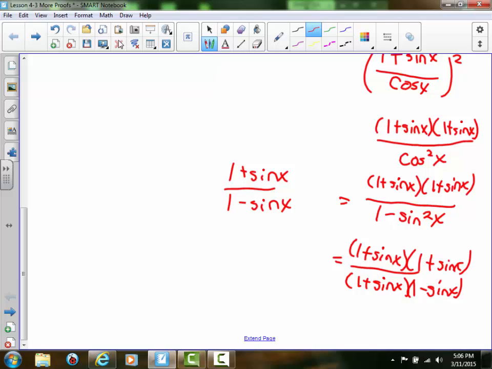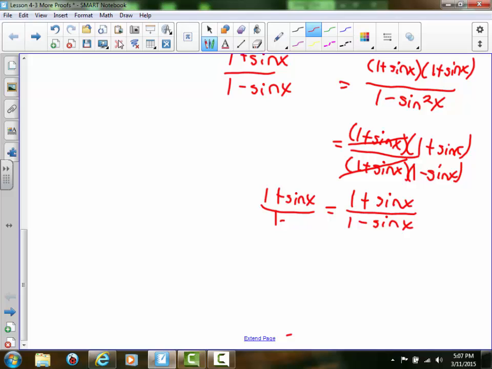We have 1 plus sine x divided by 1 plus sine x, which leaves us 1 plus sine x over 1 minus sine x. And that's what we wanted. That was our original left-hand side. So we're done. Go us. Yay.